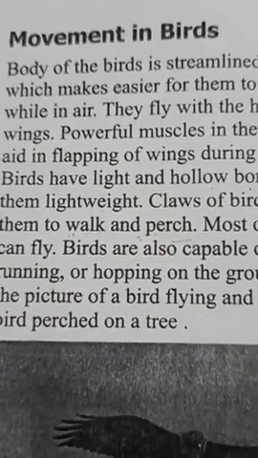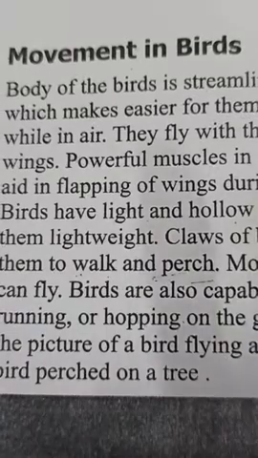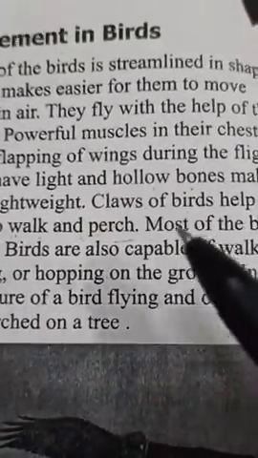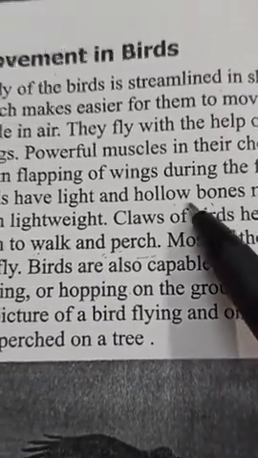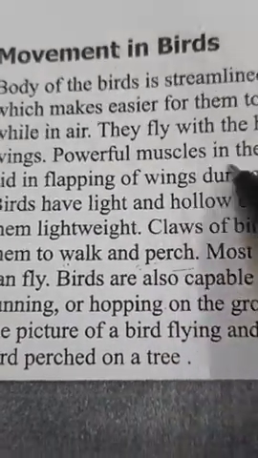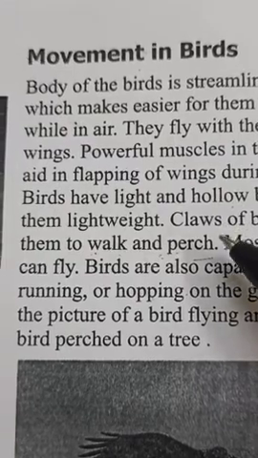So here you can see in this paragraph, or under these birds category, we have studied about the role of bones also. Means with the help of bones and with the help of powerful muscles, they can move, okay, they can fly.